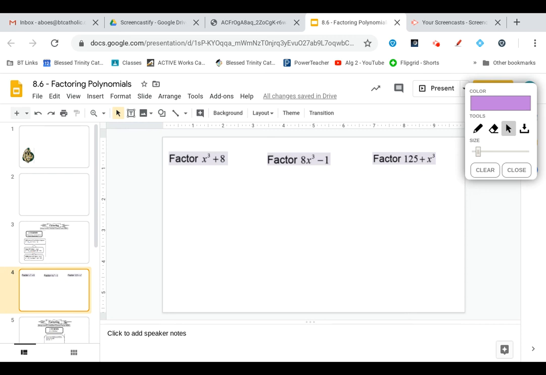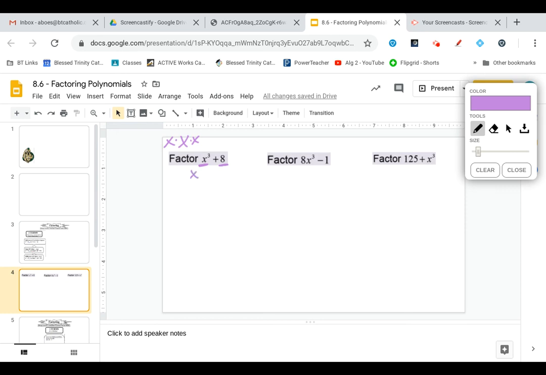If I have x to the third plus 8, I want to see if I can take the cube root of both of my terms. I can multiply x times x times x to get x to the third, so the cube root of x to the third is x.